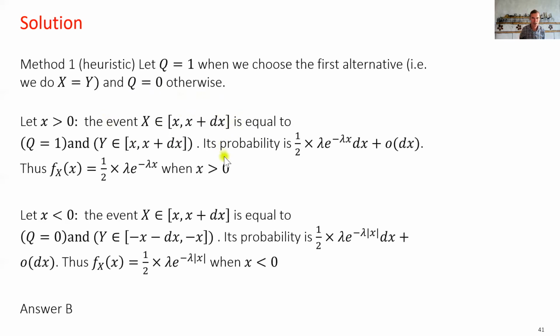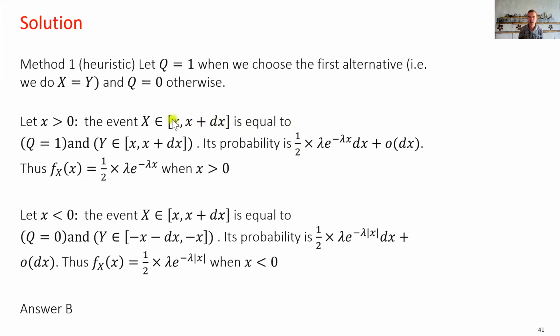Well, it depends. When x is positive, and this heuristic method assumes that dx is small enough so that this interval is entirely positive. So if we fall in this positive interval, that means we drew q equal 1, which occurs with probability 1/2. And then what is the probability that given that q is equal 1, we fall in this interval?